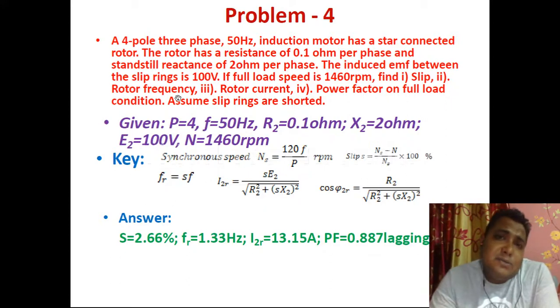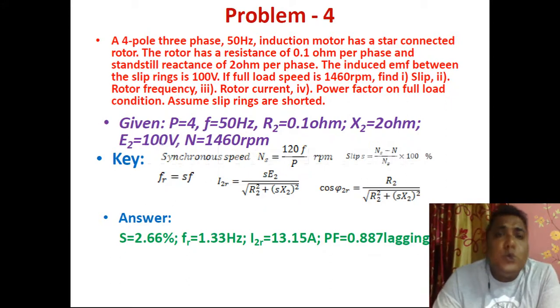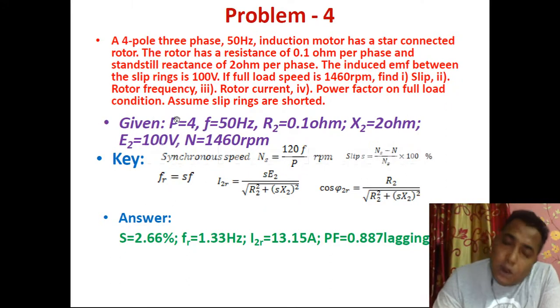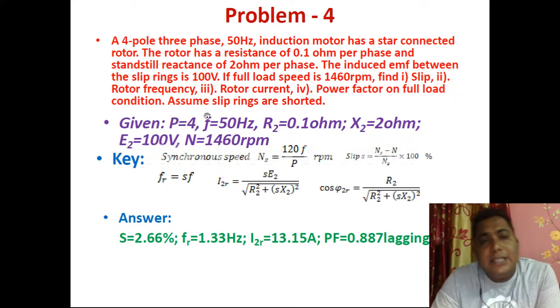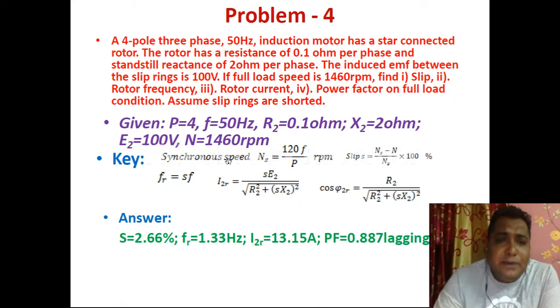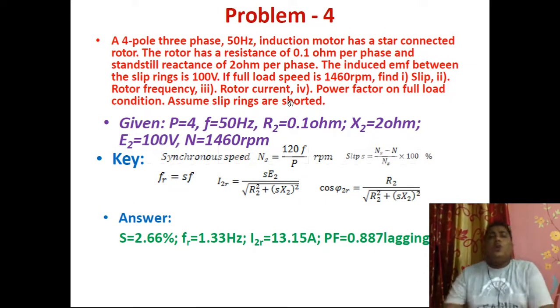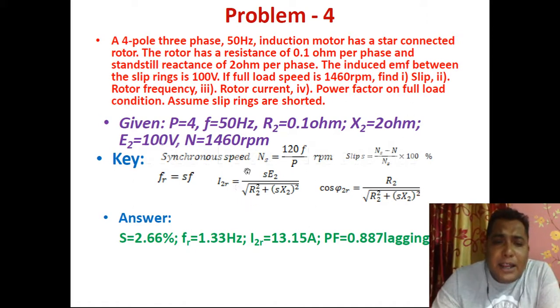Next is the rotor frequency. What is the rotor frequency formula? Fr is equal to s into f. The s we have already calculated, and f is given in the problem, so we can find that. Then the rotor current formula is I2R is equal to E2 by under root R2 square plus (sX2) whole square.